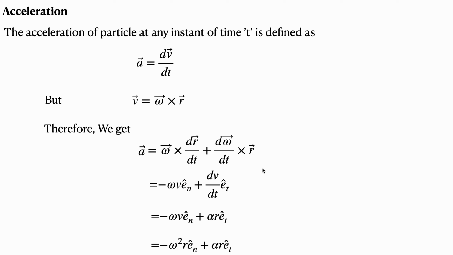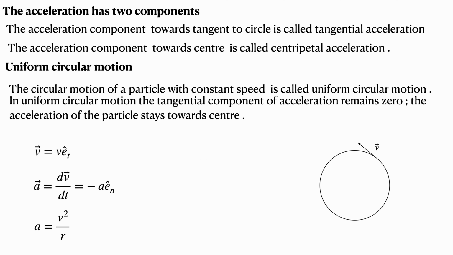Therefore, if we differentiate the expression of the velocity vector v, we will get the acceleration vector equals omega cross dr upon dt plus d omega by dt cross r, which will simplify to minus omega v en cap plus dv by dt et cap, which again will be equal to minus omega v en cap plus alpha r et cap, and this will be equal to minus omega square r en cap plus alpha r et cap.